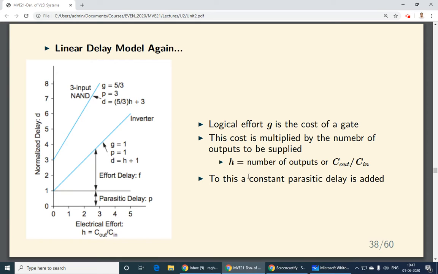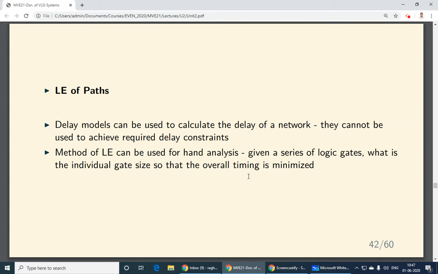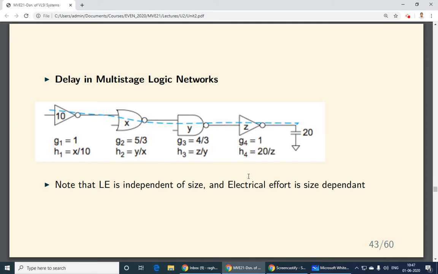All is done. Now we need to extend it to the method of logical effort, which we use when we have to calculate this for a series of gates.